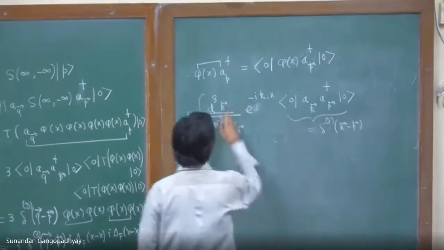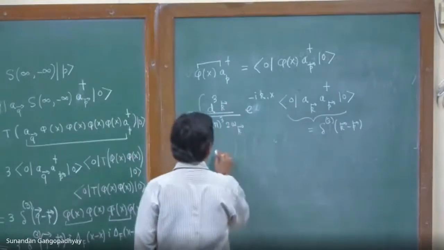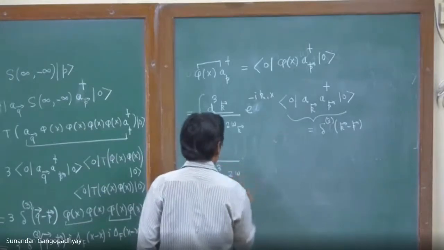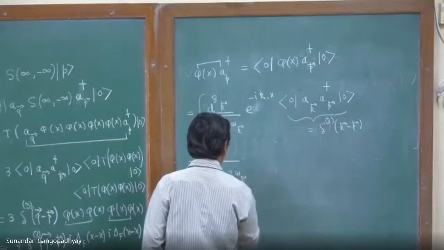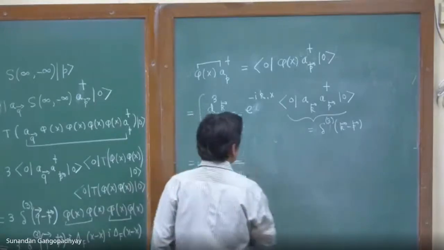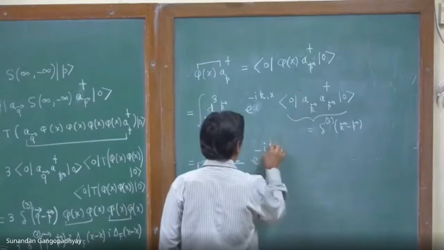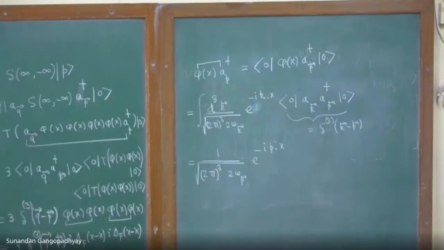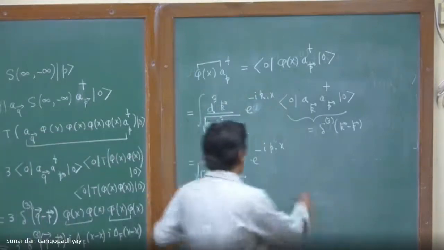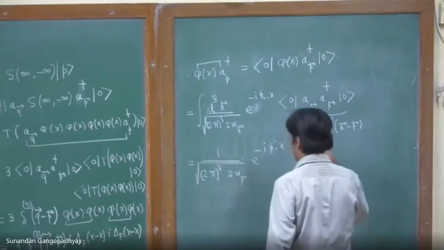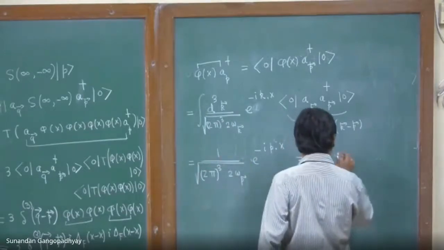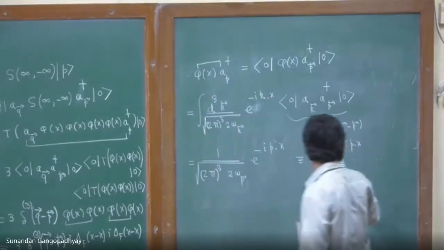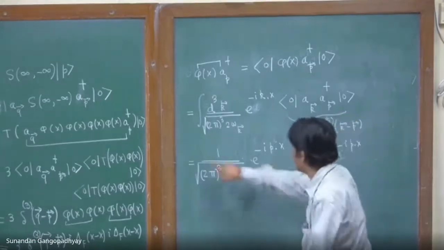Therefore, you can perform this k integral, and you will get 1 by square root of 2 omega p. So this is the value of this contraction. I call this factor in front N P. So this contraction is basically N P e to the power of minus i p dot x, where N P is this factor in the front.